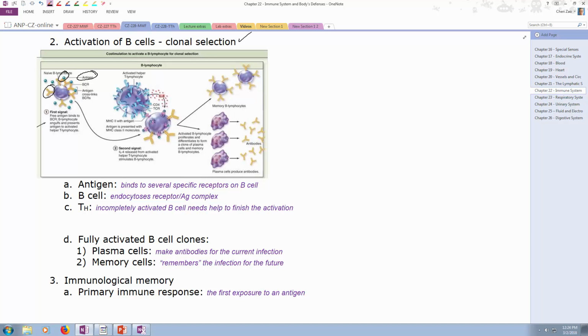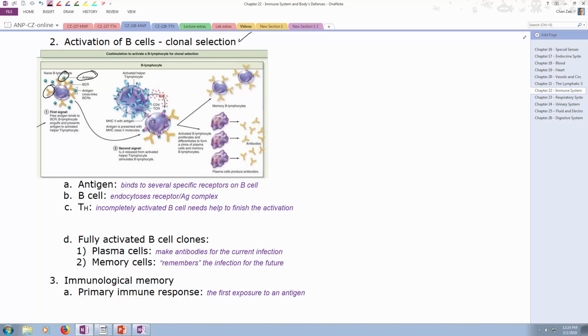Now our B cell is becoming an APC because it endocytosed it, and if it's becoming an APC, that antigen is not going to be presented to the T helper cell unless it is mounted onto an MHC2. So the pathogen which was floating around externally is now brought inside and loaded onto the MHC2 receptor.